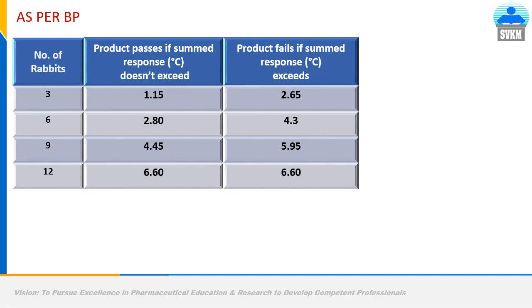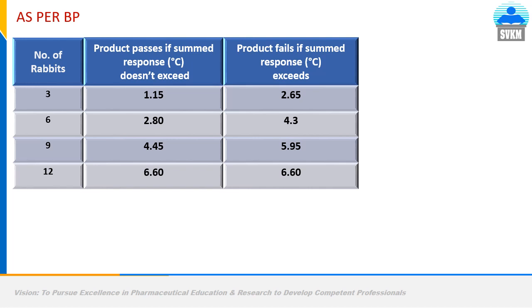Among these 6 rabbits, the product passes the test if the summed responses are less than 2.80 degrees Celsius, and the product fails if the summed responses are greater than 4.3 degrees Celsius. But if we again get values between 2.80 and 4.3 degrees Celsius, then we repeat the test over another 3 rabbits.